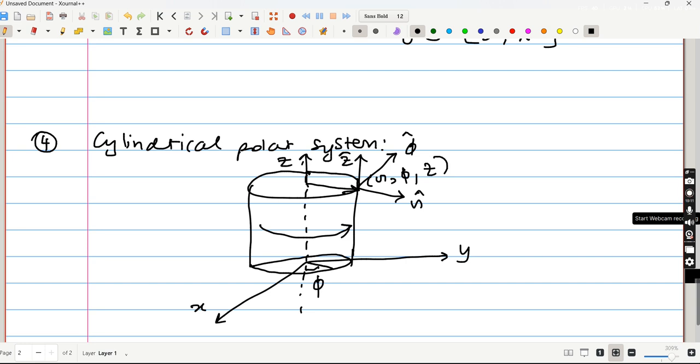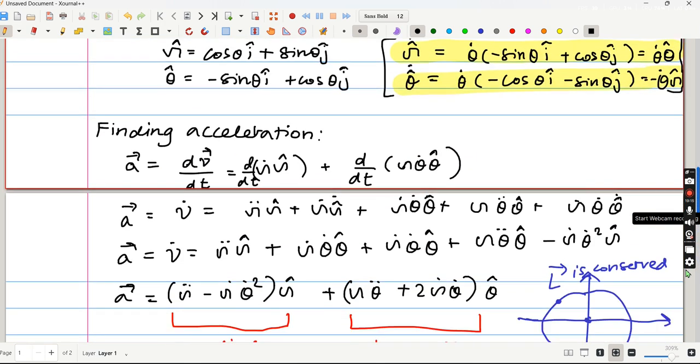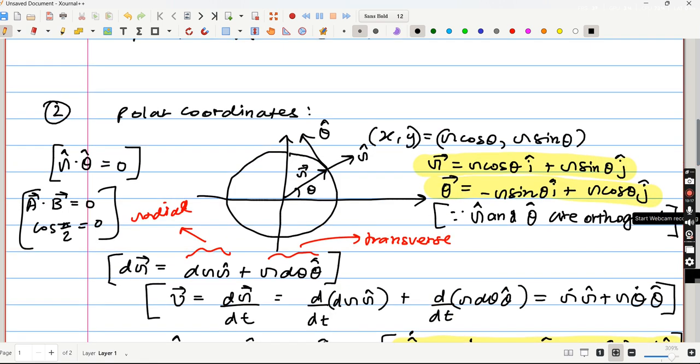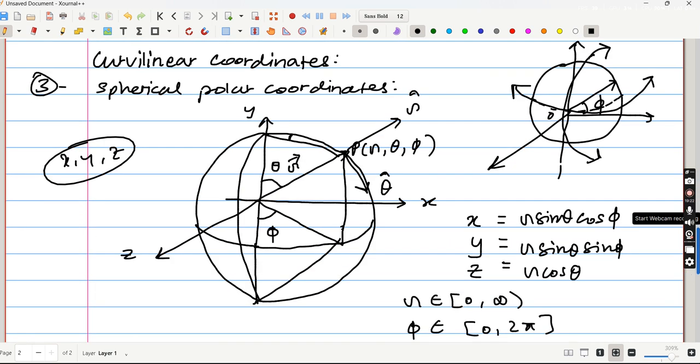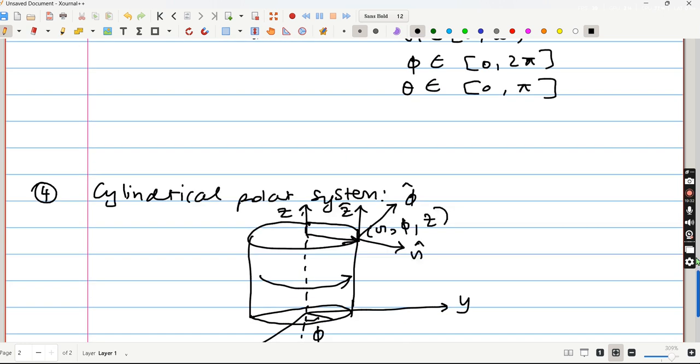Okay, so always remember, always think about how the particle can move in all these systems. In polar coordinates, it can either move radially outward or around the circle. In spherical polar, it can move in phi direction, latitudinally, longitudinally, and radially outward, because imagine you're on a sphere and how you can move on a sphere.